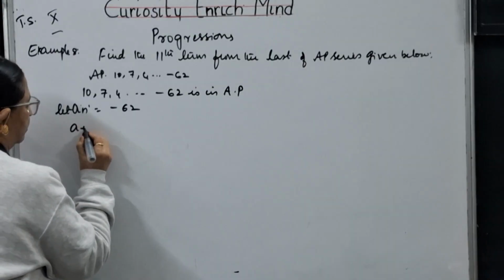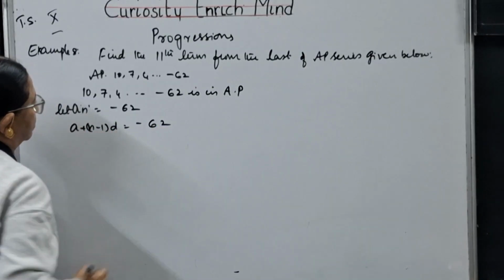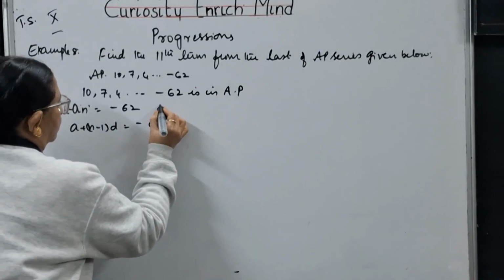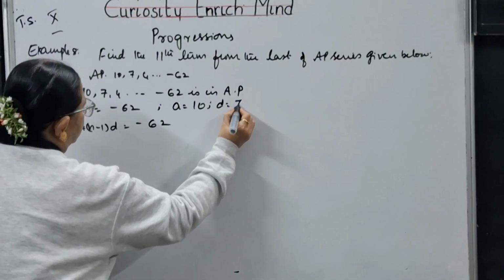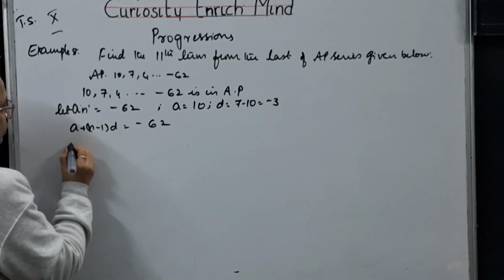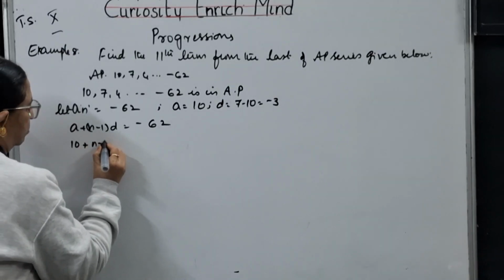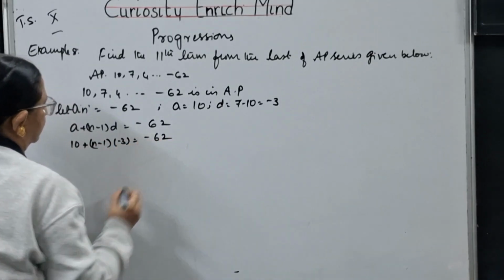That means a plus n minus 1 into d is equal to minus 62. So in this case, what is A? A is equal to 10, d is equal to 7 minus 10, that is minus 3. So 10 plus n minus 1 into minus 3 is equal to minus 62.